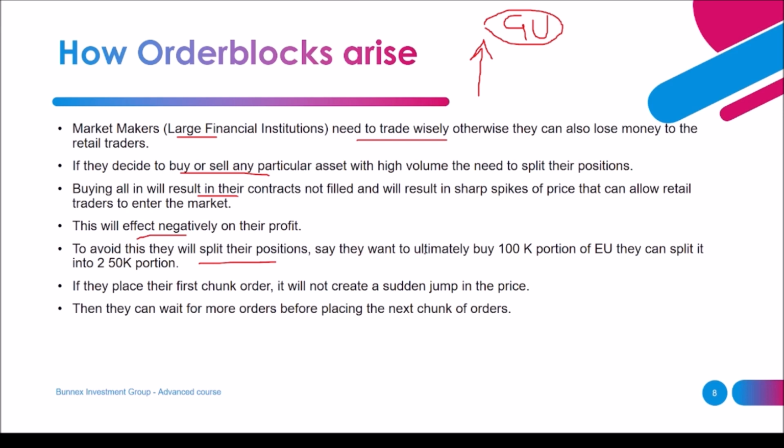Say they want to ultimately buy 100k of Euro USD. They can split it into two 50k portions. Let's take for instance, I'm a trader at Danske Bank. My manager has told me that today we want to buy 100k of Euro USD.